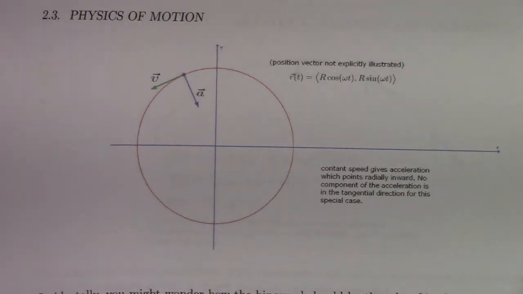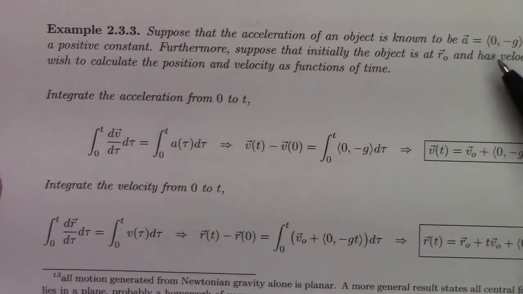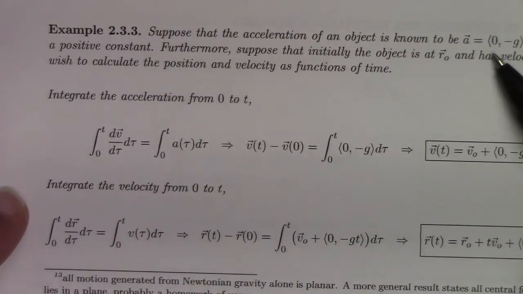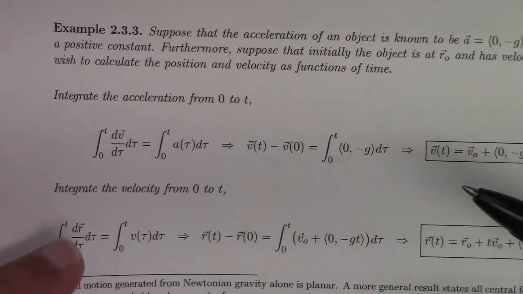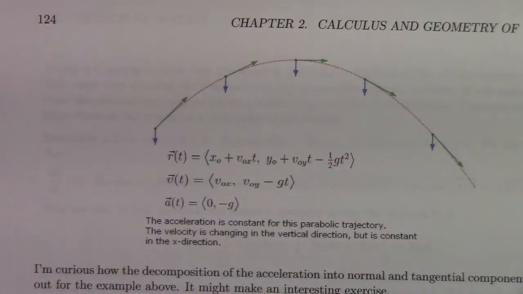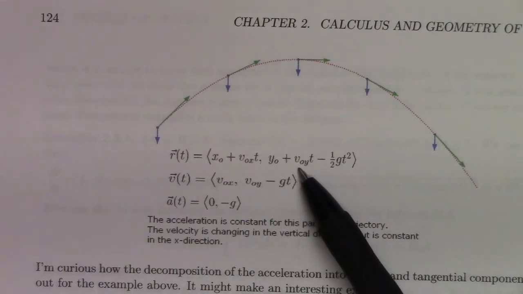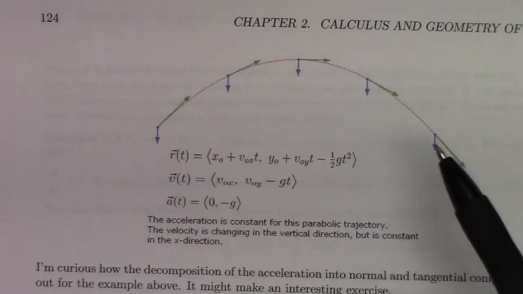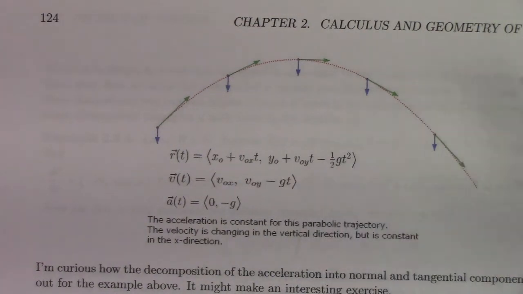So okay. Another example is just this rather famous one in physics. The acceleration is zero minus g. In other words, acceleration is downward pointing. So I integrate again. I find the position as a function of time, and here it is: x naught plus v naught x t, and y naught plus v naught y t minus 1/2 g t squared. So constant velocity x motion, accelerated y motion, of course, because the gravity is in the y direction in this current setup.